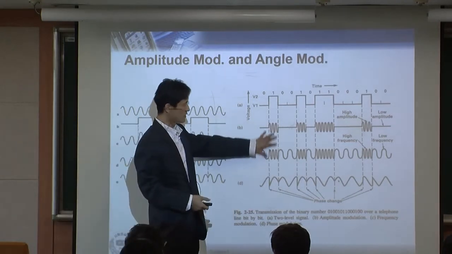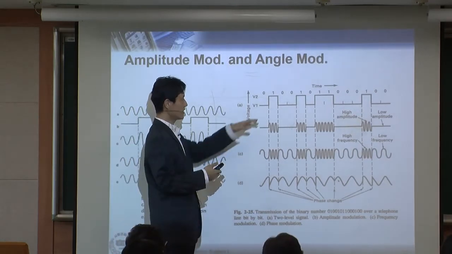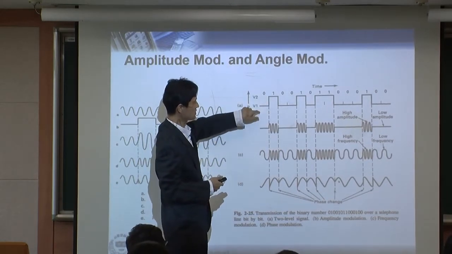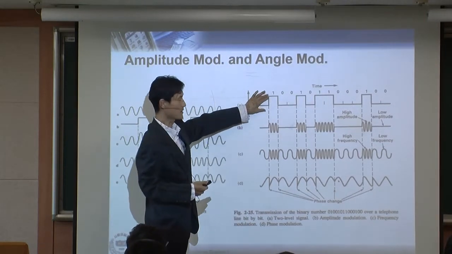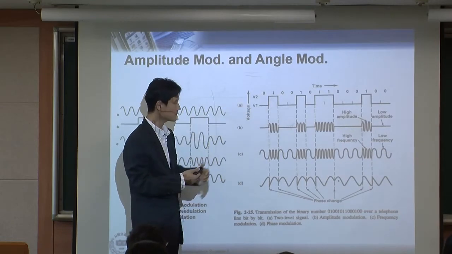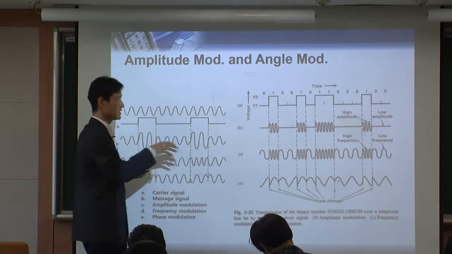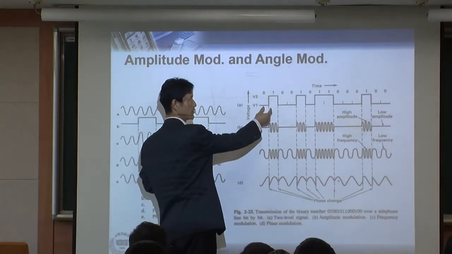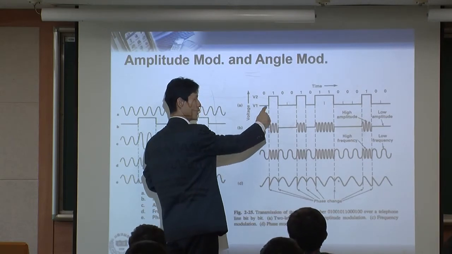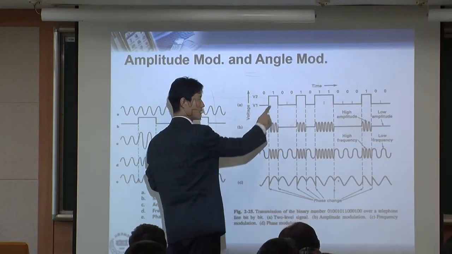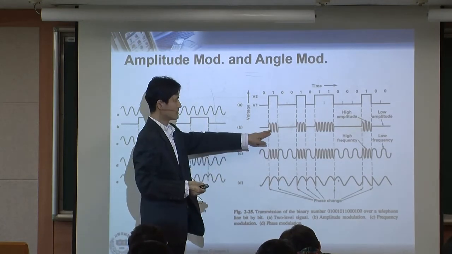This is another example, pretty much the same, but another way of doing it. Again, our original message is digital, 010010. This is my message signal in the time domain. When you apply amplitude modulation, in this case, whenever the message is 0, I'm not doing anything. And whenever I transmit information 1, I transmit the carrier.